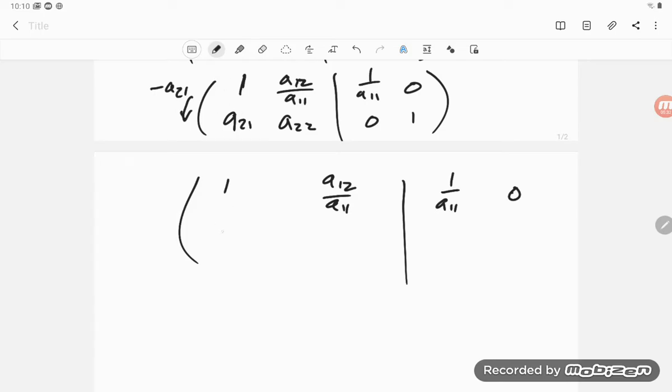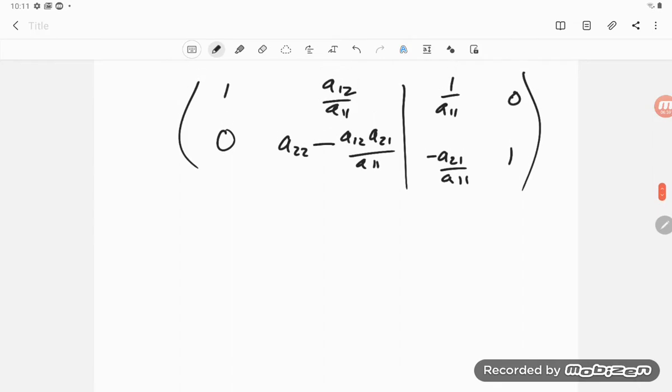By design I get a 0 here. But in this term, I have the a22, and then a minus a12 times a21 over a11. Similarly here, I'll have 0 minus a21 over a11, and 0 times 0 is 0, and then plus 1, I get a 1.